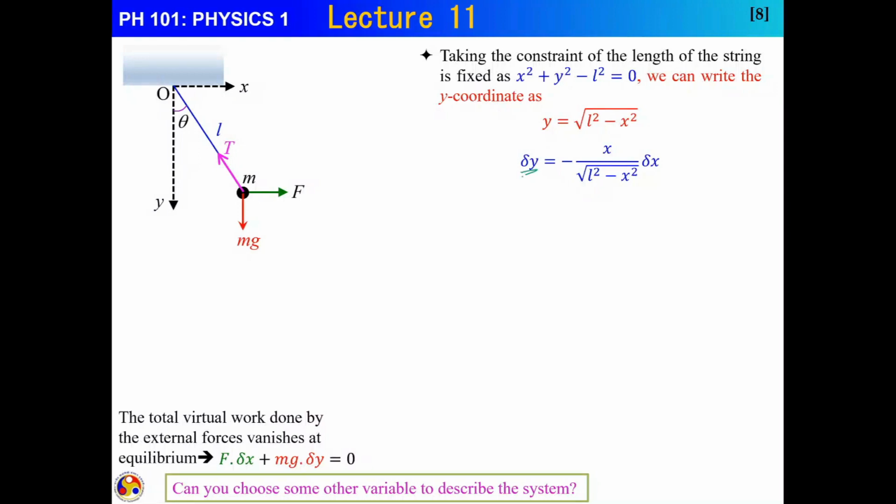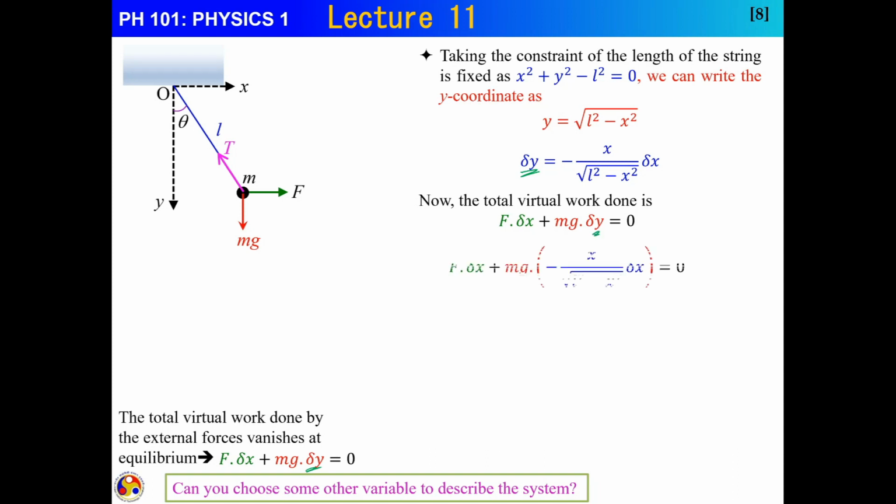Now we have delta y and we can adopt it in this equation. So the total virtual work done in this process, we can write it as here. Now you substitute delta y here, so we end up in this functional form.